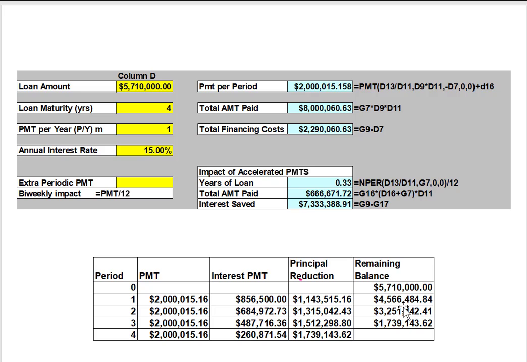We have 4.56 left. You make a payment of $2 million. Interest on that, 684, leaves you with 1.315 million. Subtract these. In the end, at the end of 4 years, you have $0 left.